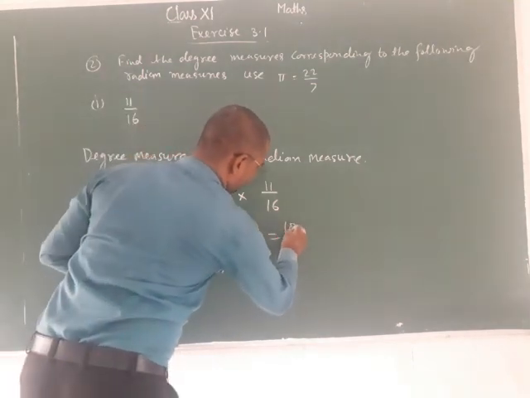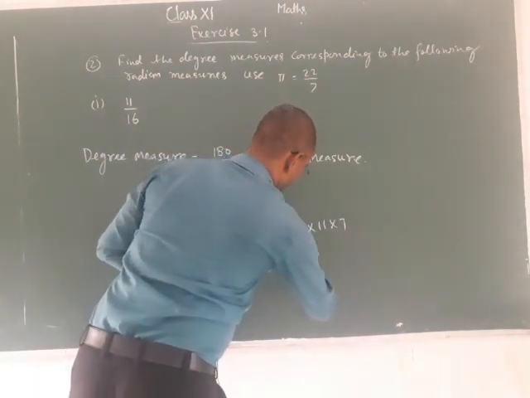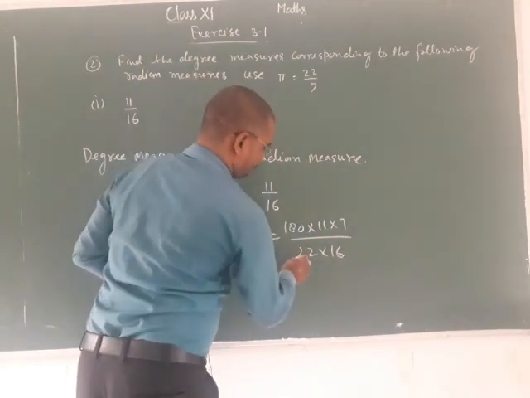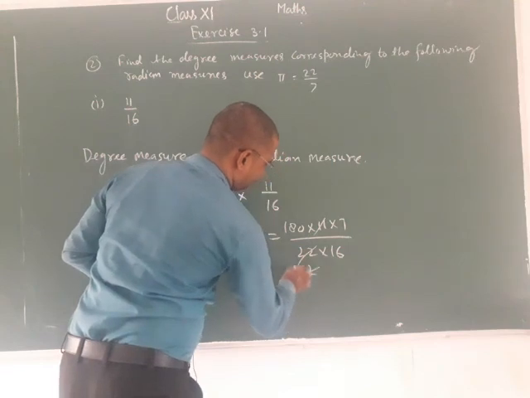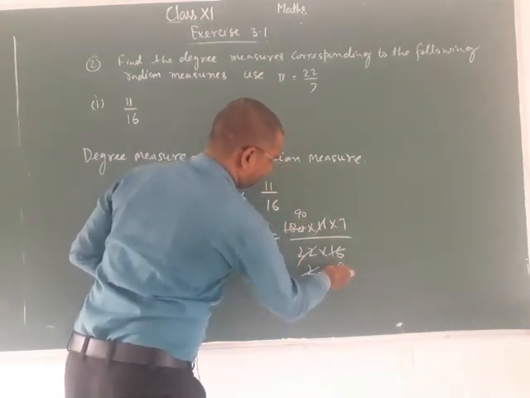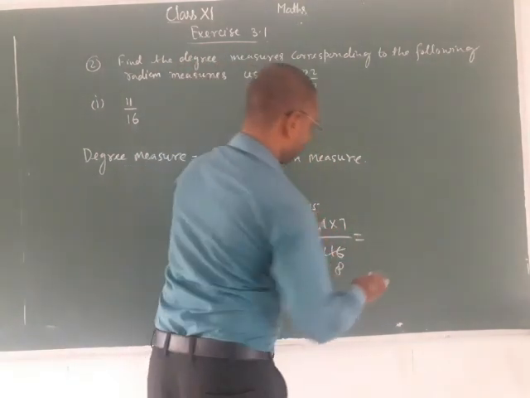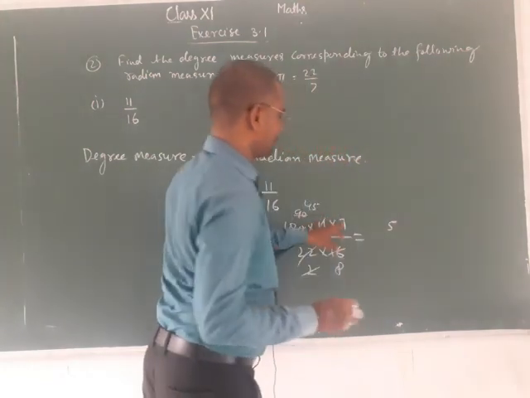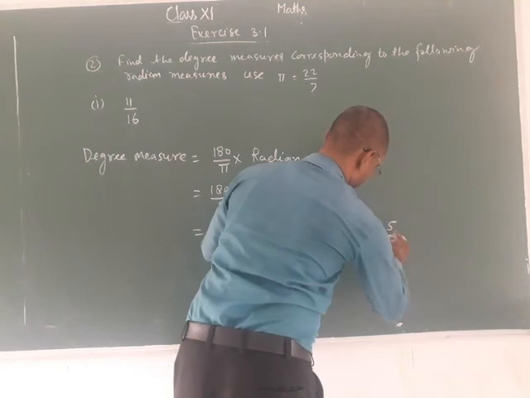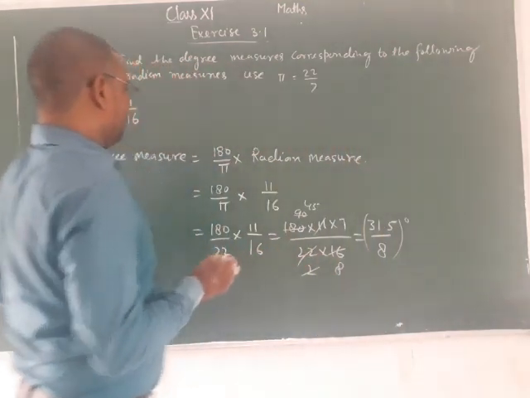So 180 multiplied by 11 into 7 upon 22 into 16. Now 11 2s are 22, 90, and 8 2s are 16, and 2 45. So 7 5s are 35, 7 4s are 28, 315 upon 8. This is the measure in degree.